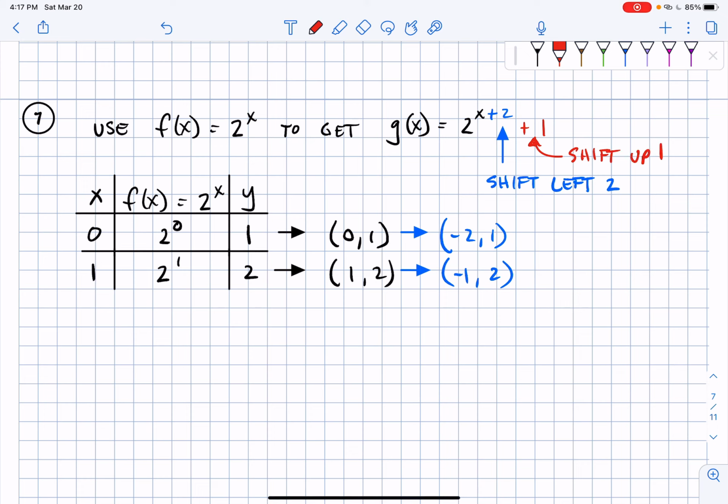If I shift up 1, now it's going to be -2, 2, and -1, 3. We look around for which of these choices have -2, 2 and -1, 3.